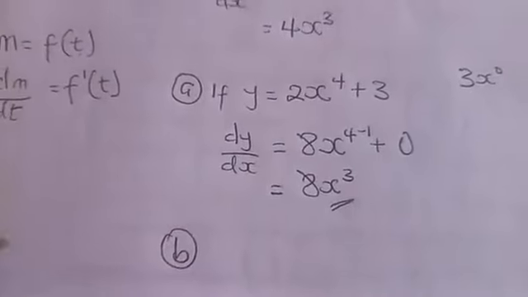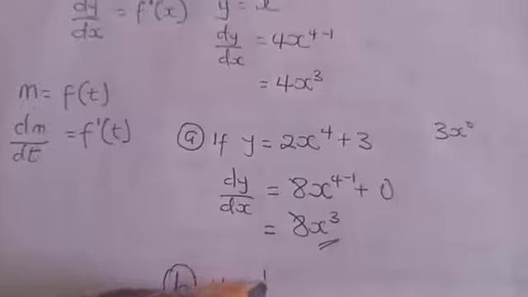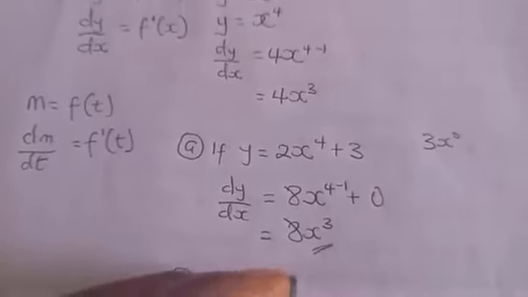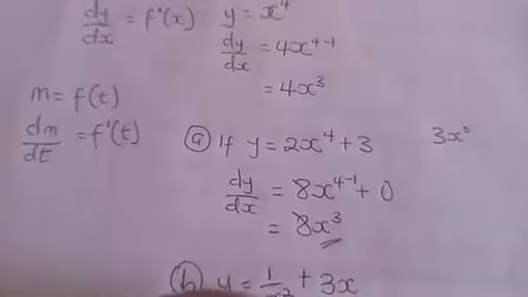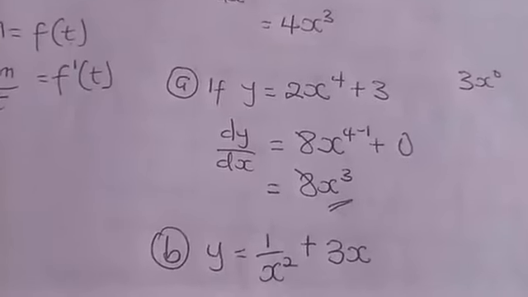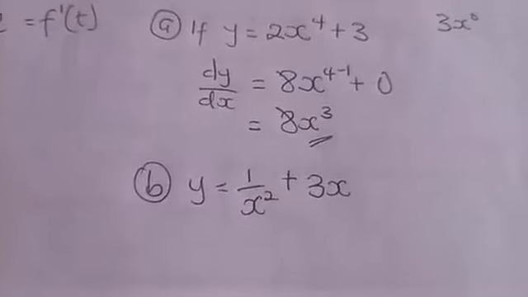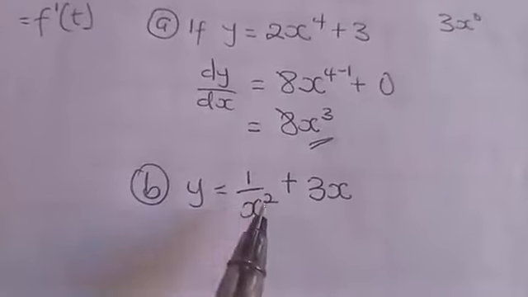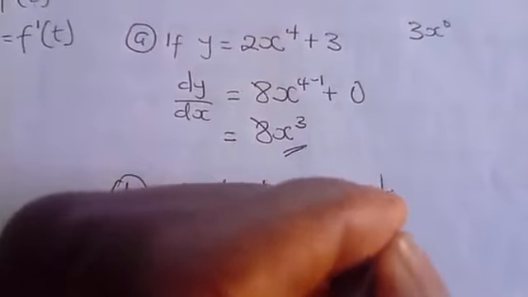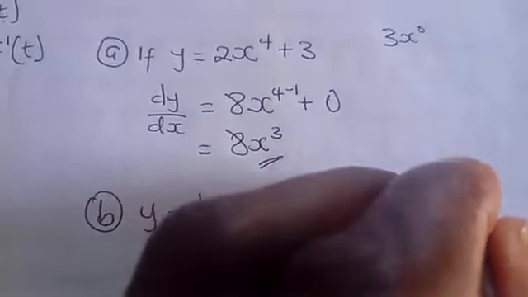For b, we have y equal to 1 over x squared plus 3x. Now, there is something we need to understand here. When you look at 1 over x squared, in indices, we can as well write this 1 over x squared as x raised to the power of minus 2.